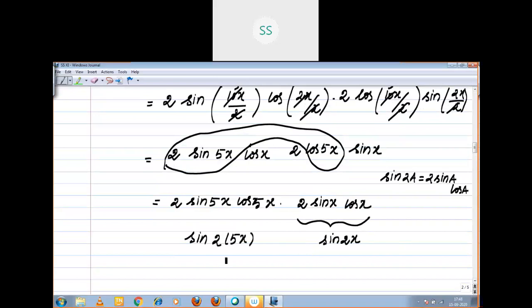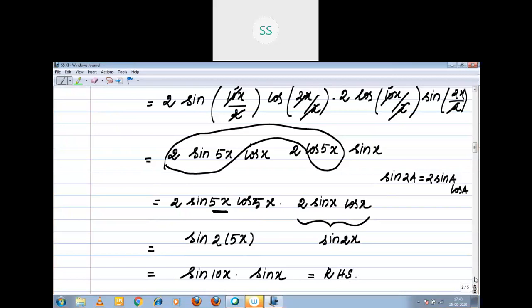So, sin 2 into 5x, which is equal to sin 10x into sin x. Got it, children? In the place of a, you have 5x. So, a should be replaced by 5x. You arrive at RHS, which is equal to RHS.